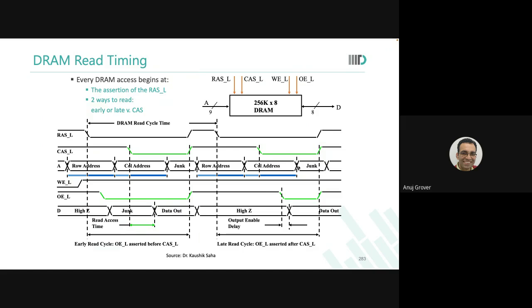But it is not that write is very fast, therefore write is not critical. No, nothing like that. Write is equally slow as read because in read, write also you have to select the word line, you have to read the data. The sense amplifier has to now toggle in the other direction so that it can write back the new data into the DRAM, so that all that has to happen. So it is not faster, it is not that it is non-critical like that. It is made non-critical by using a small buffer at the end.